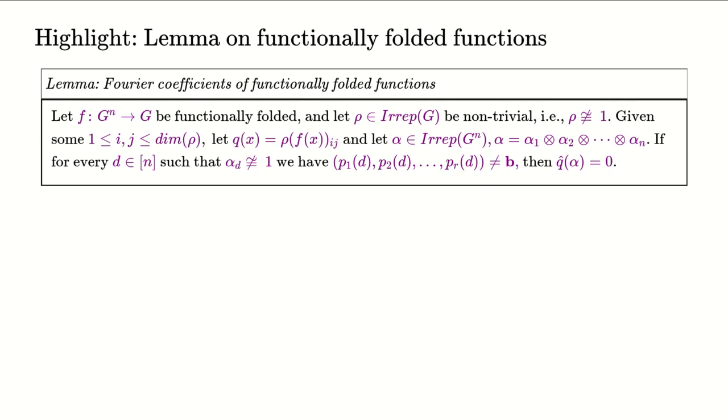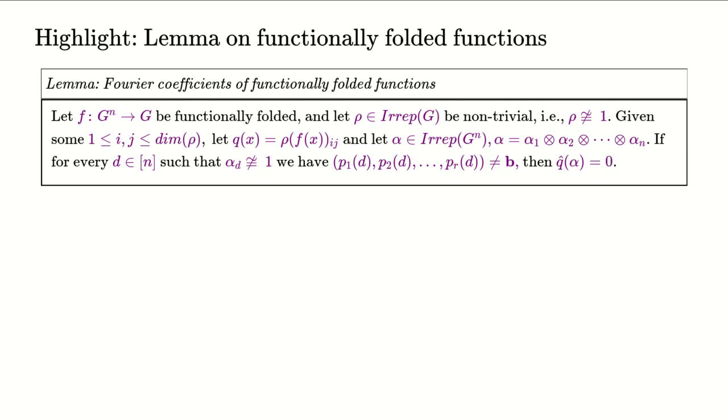Given some i and j between 1 and dimension of ρ, let q of x be equal to the ijth entry of ρ of f of x, and let alpha be an irreducible representation on G to the power of n, which can be decomposed as a tensor product of irreducible representations alpha i on G.